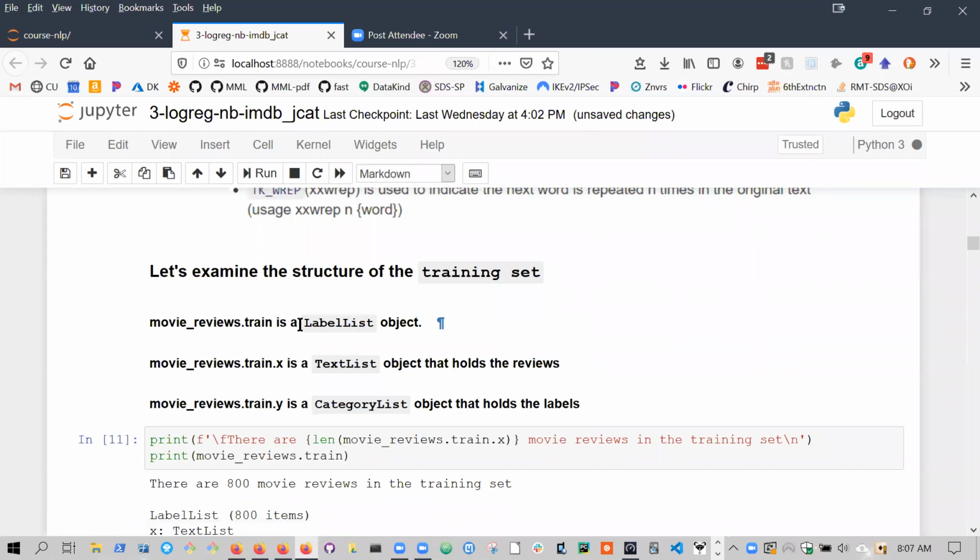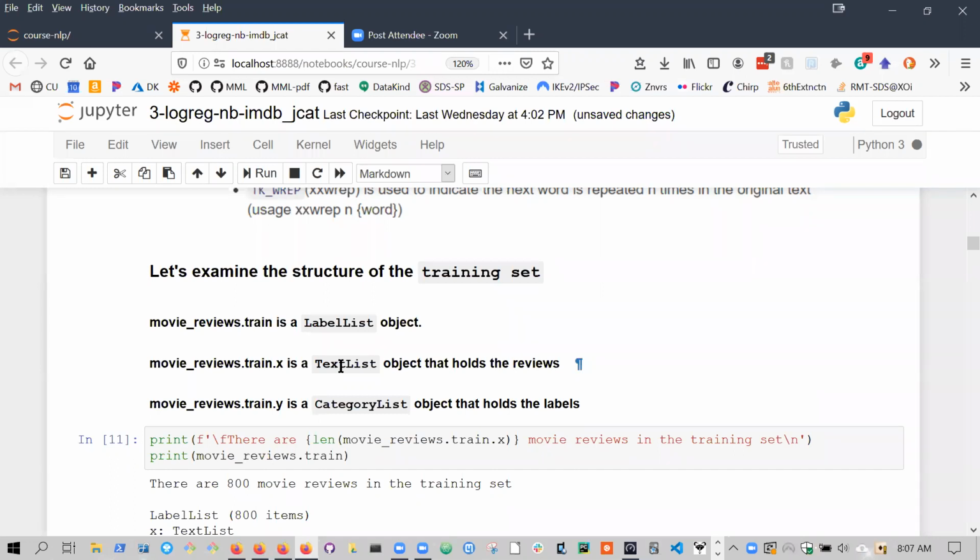But you can see here that there's a hierarchy. The training set is stored in this label list object, and the label list object has properties .x and .y. X is the reviews and Y is the labels.